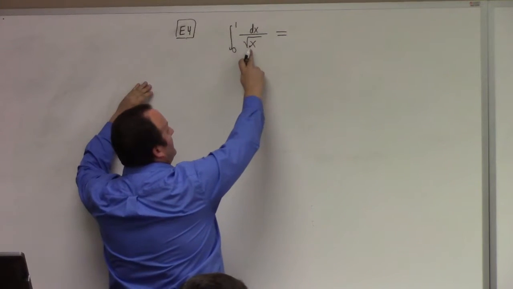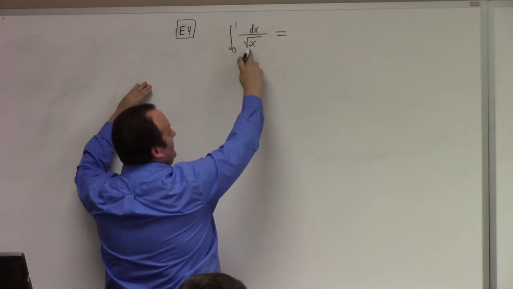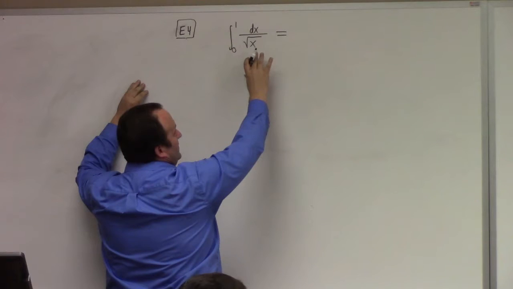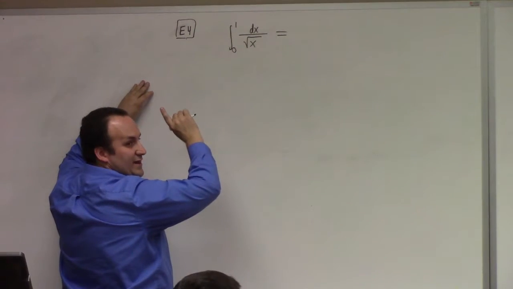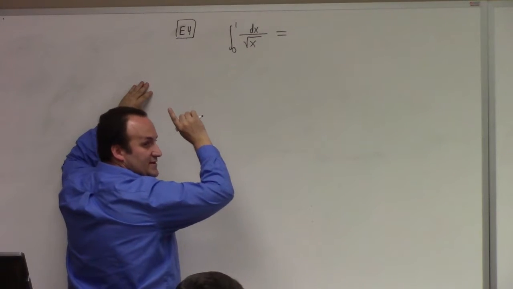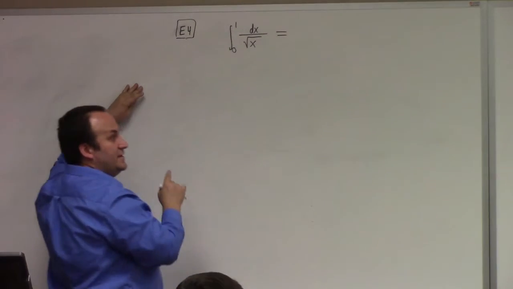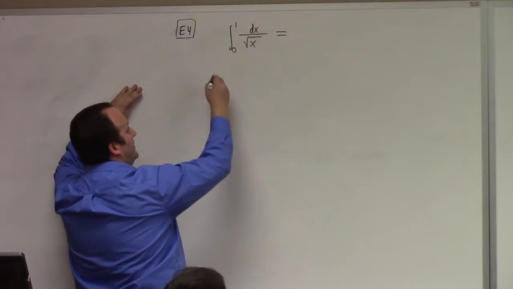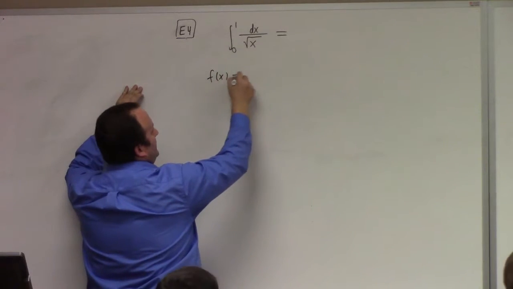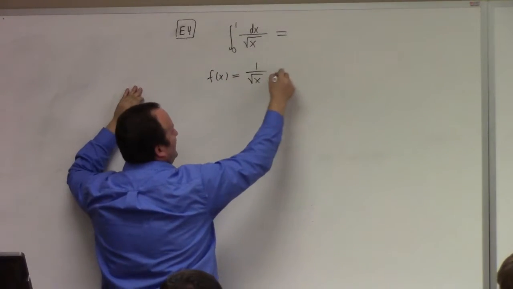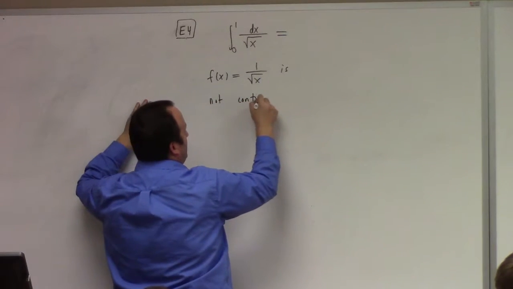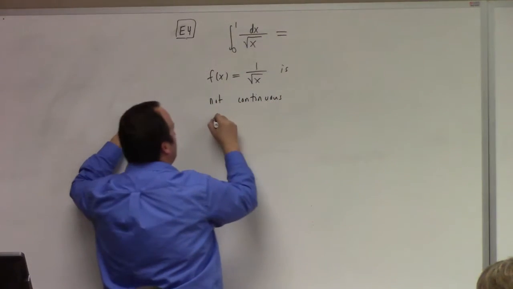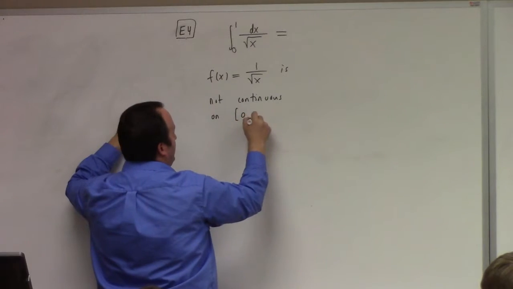What is the square root of 0? 0, and we have what? Division by 0. This function, f of x equals 1 over the square root of x, is not continuous, or even piecewise continuous, on the closed interval from 0 to 1.